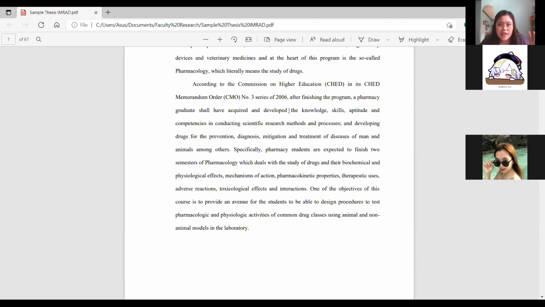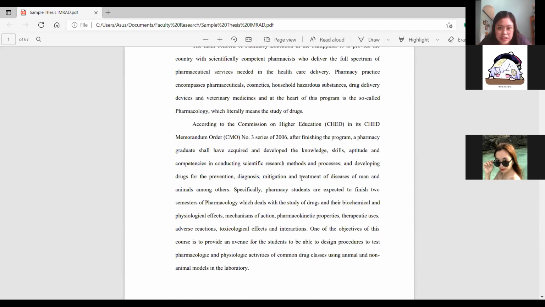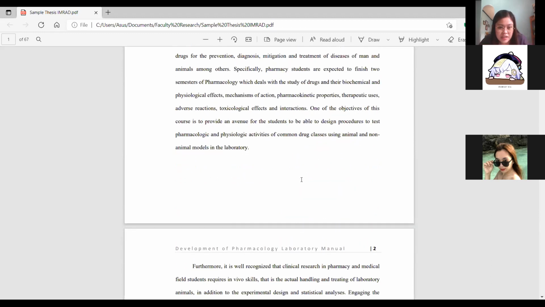So ako man na siyang gi-introduce sa taas, so gi-expound na ko na siya diri sa ilalom. Kung unsa ang pharmacology, unsa ang objective sa course na or sa subject na, unsa ang kailangan sa mga students.